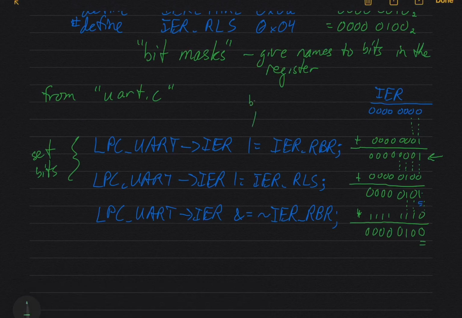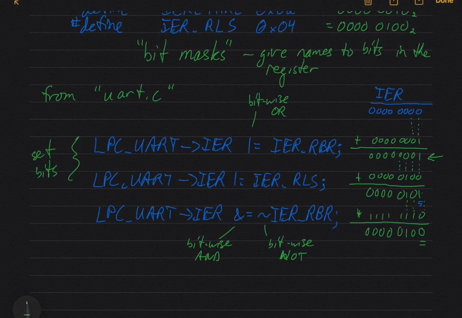So this is a bitwise OR. This is a bitwise AND, and this is a bitwise NOT. And when you see that with the equal sign there, writing it with the equal sign saves you writing out the left-hand operand twice.